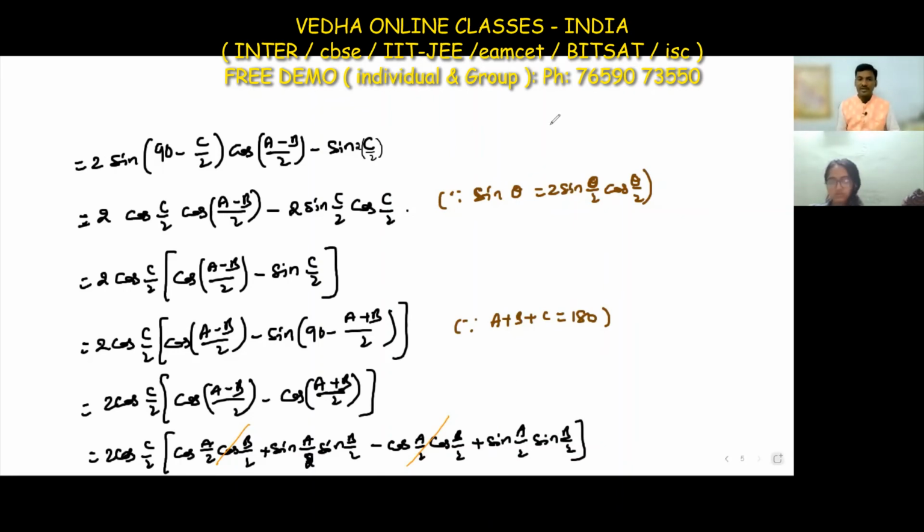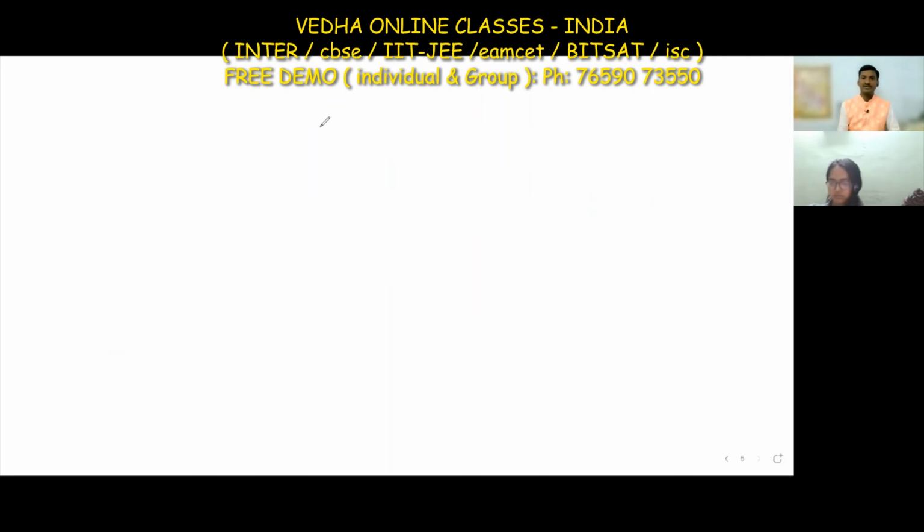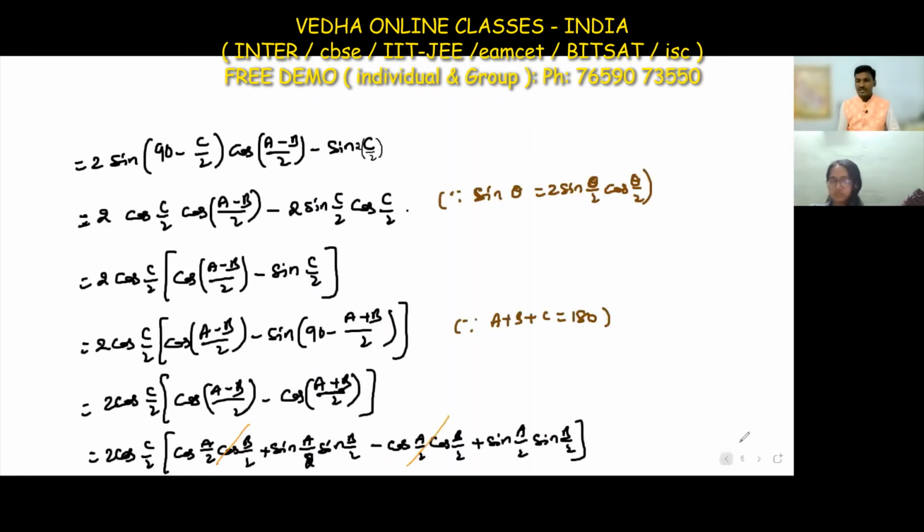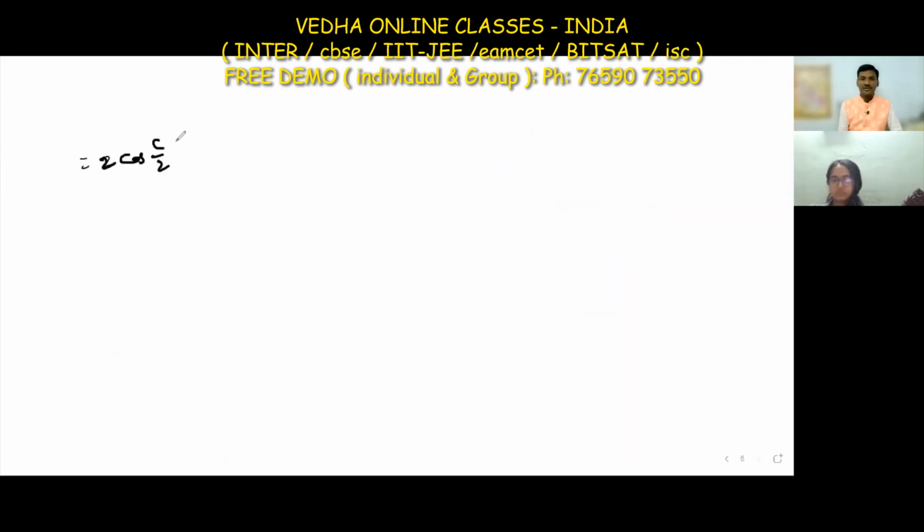So we are going to get this as 2 into cos C by 2 outside common, and 2 sin A by 2 sin B by 2. Finally, 2 times 2 is 4.